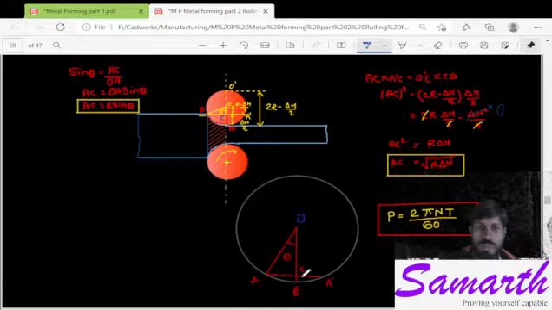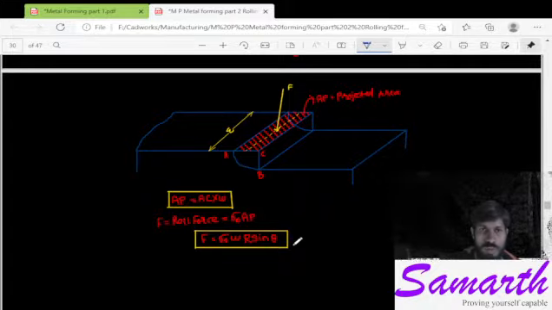So we can put AB equal to AC. So that is what we are going to do here. We will consider this projected area, this hash portion you can see, for our calculation. AC into width we will take as the projected area.